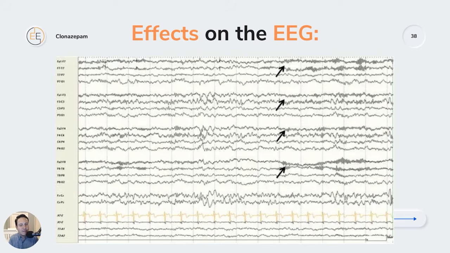This is a 15-second fragment of EEG recorded in a 12-year-old boy in non-REM 2 sleep, and it shows excessive medium to high beta activity maximal bianteriorly, indicated by, again, the two black arrows there.